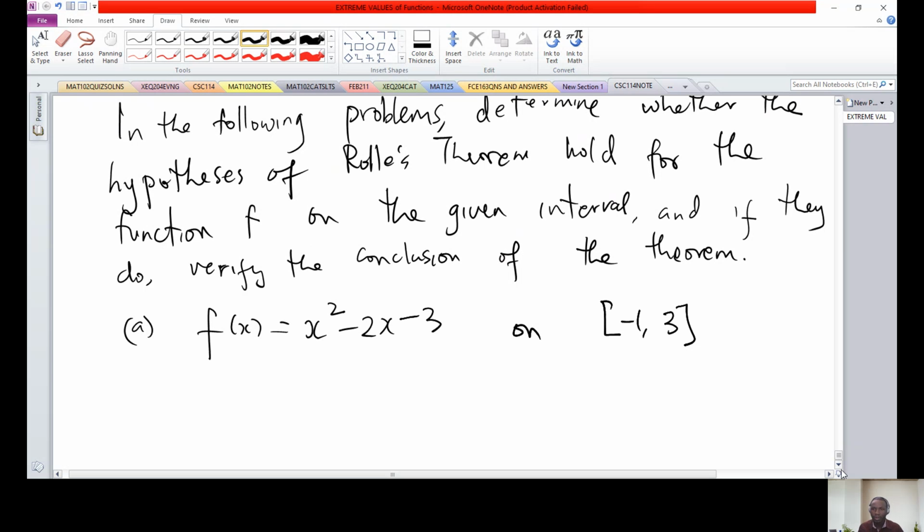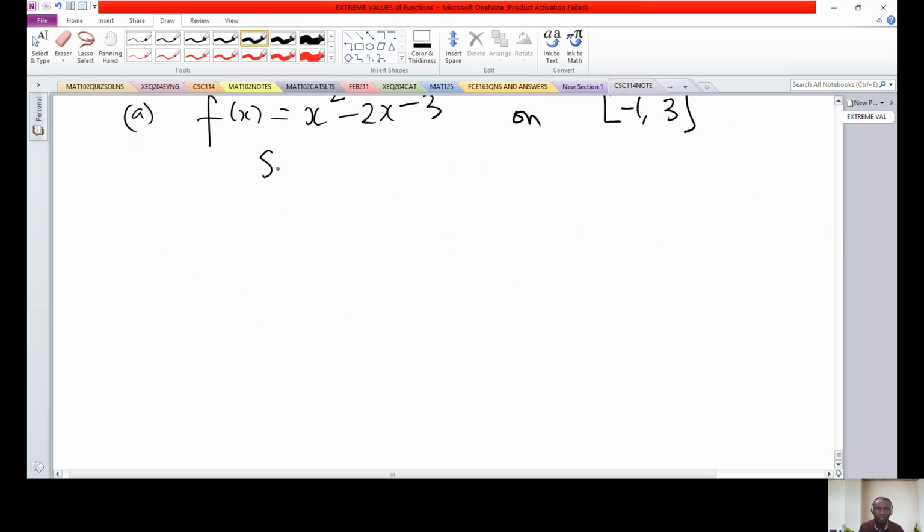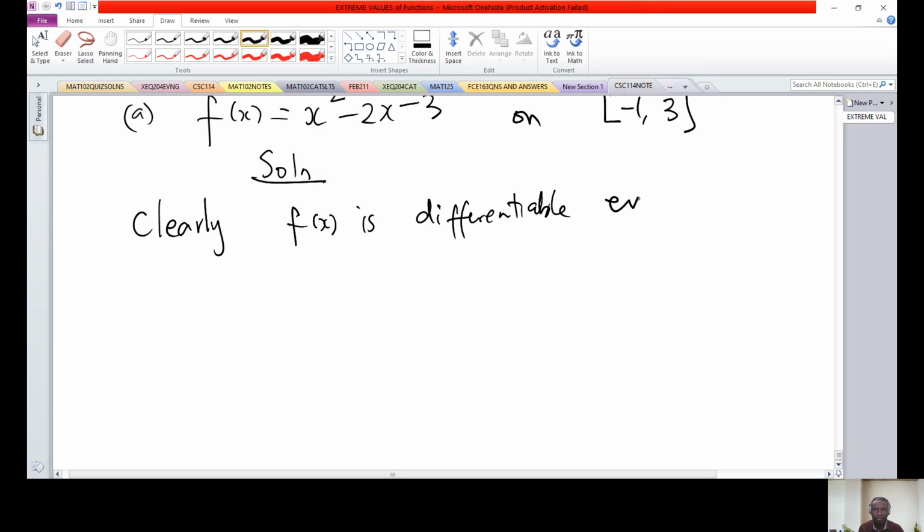So our solution for this one, clearly f of x is differentiable and f of -1 equals f of 3, which is 0.